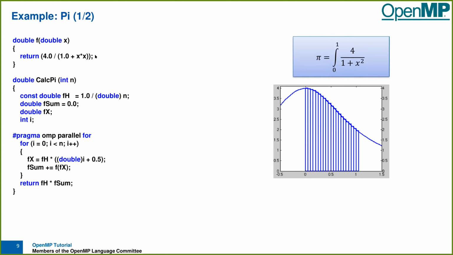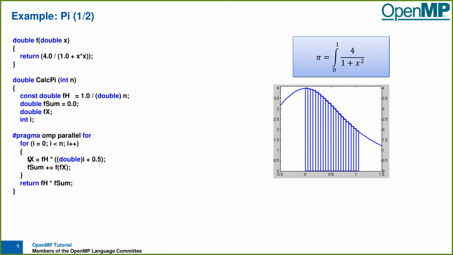And this translates to code as shown on the left-hand side. Here we have the function f, that is the term 4 divided by 1 plus x to the power of 2. We have the loop from 0 to n, and the difference between two integration points is 1 divided by n.